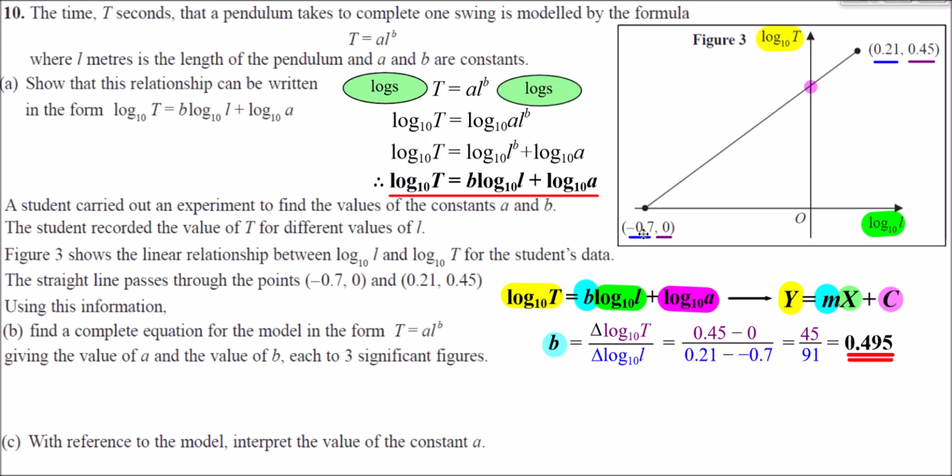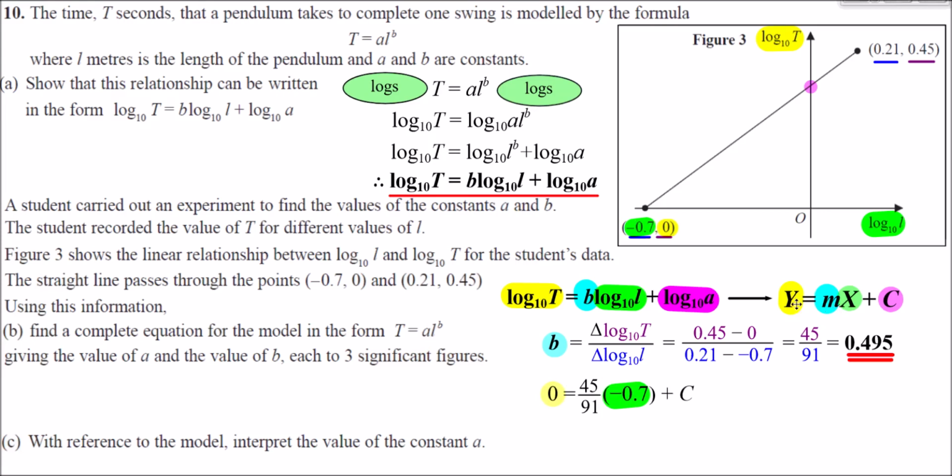I'm going to suggest we go for minus 0.7 for log base 10 of L and 0 for log base 10 of t, just because having the number 0 to substitute in tends to be the easier choice. And so if I pick this coordinate pair to substitute in, so for the x, if you like, minus 0.7, and the y value being 0, we'll get this.